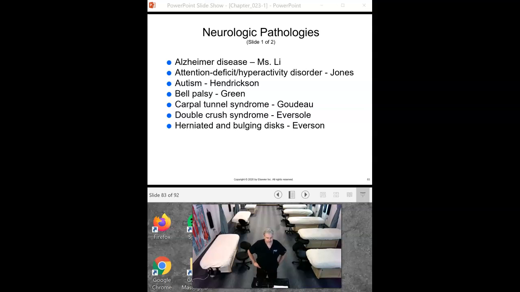The subtypes are predominantly inattentive, with the majority of symptoms falling under inattention; predominantly hyperactive-impulsive, with the majority of symptoms falling under hyperactivity and impulsivity; and a combination of those two. ADHD can be observed and diagnosed at any age, but typically it starts in childhood and can go into adulthood, and sometimes it gets worse, sometimes it might lessen. It's different depending on the person.